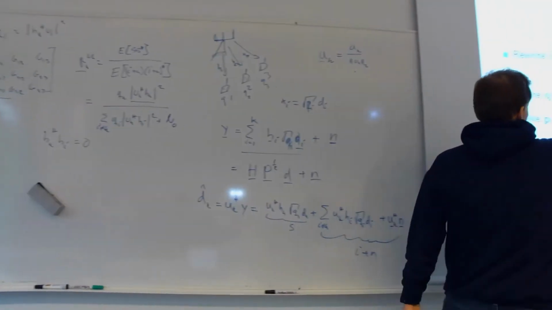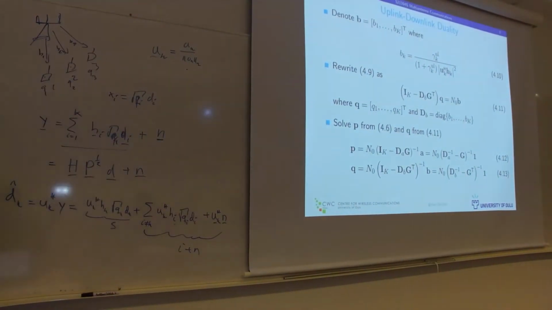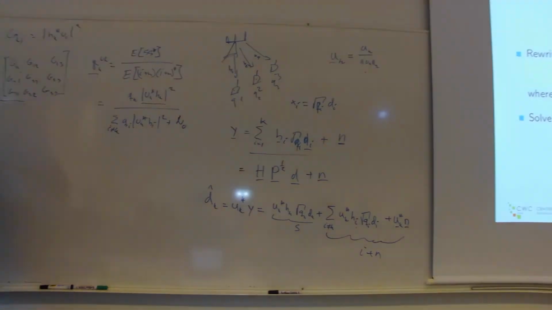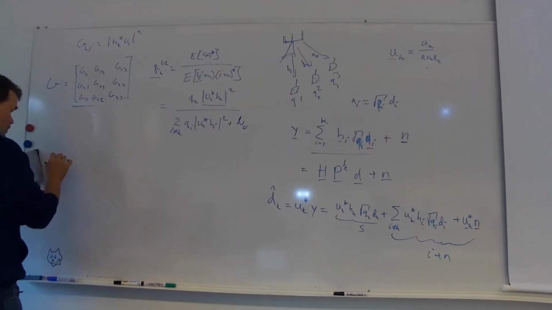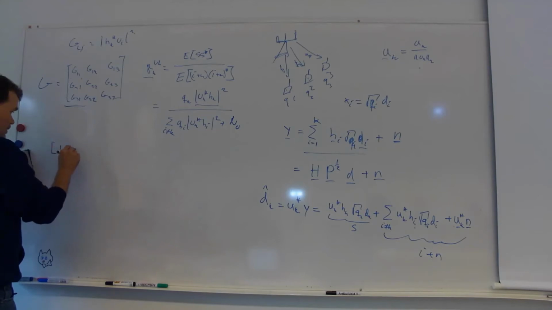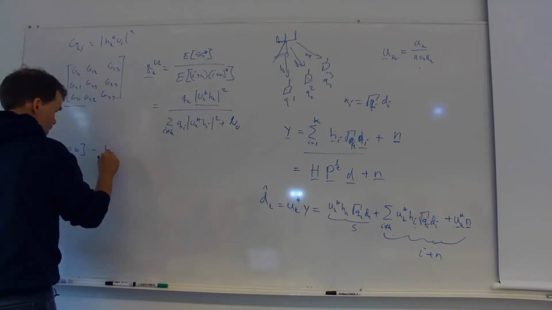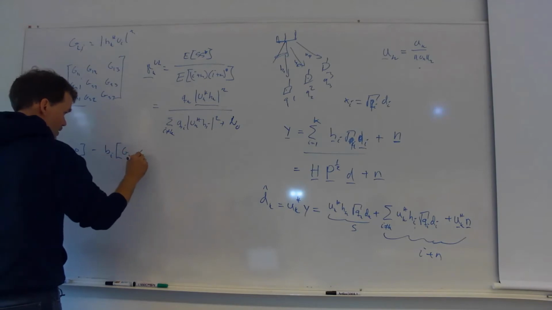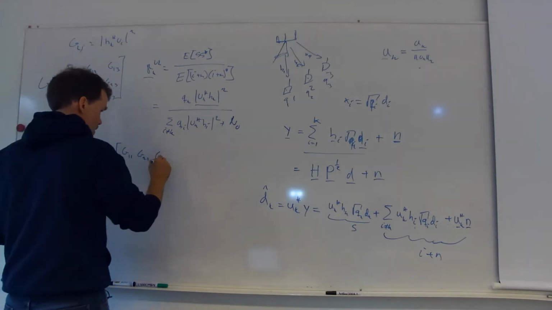And again, you can write the system of equations in terms of the G matrix. So let me just again consider 3 users and the first user, the SINR expression for the first user. So you can write it as 1, 0, 0 minus B1 times D1,1, D2,1, D3,1.